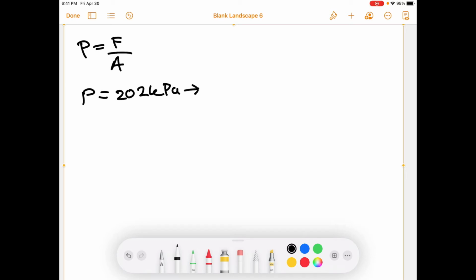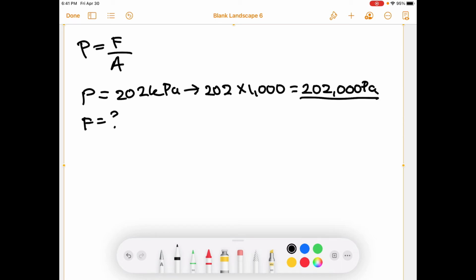We need to convert that to just pascals, which means that we need to do 202 times 1,000, because kilo is 1,000. So we're going to get 202,000 pascals. So this is going to be our pressure. Then we need to find out what force is, because we don't know what it is. And we know that the area is 1.50 meters squared. So let's plug this into the equation that we have up there.